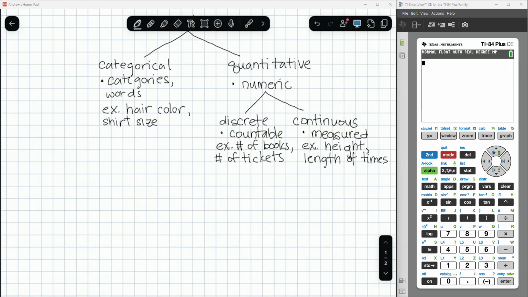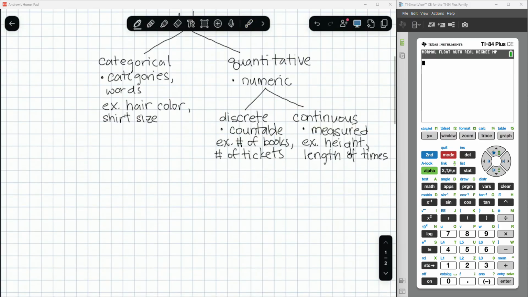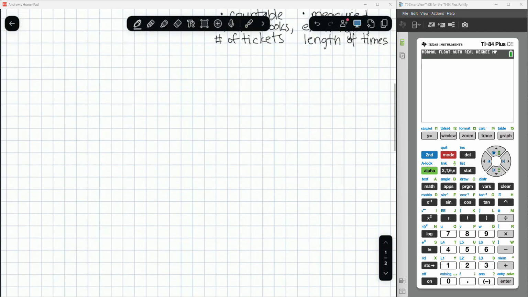The other thing I want to clarify before we jump into actually doing some stats is the difference between population and sample. And this is answering the question, where is the data coming from? There are two possible answers.